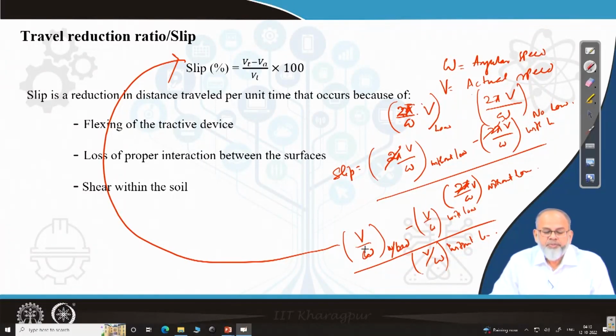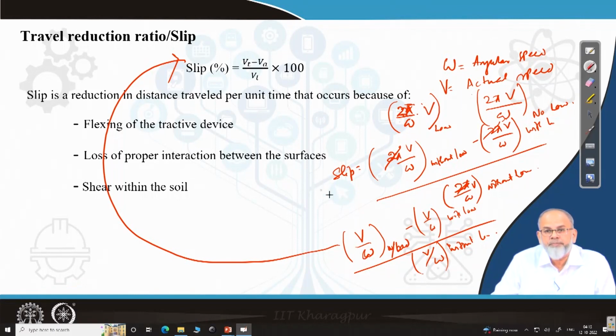Slip occurs because of tire flexing, improper interaction between the tire and the soil, tire sticking, and shearing within the soil. These are the factors which influence slip. The more the pull, the more the slip.